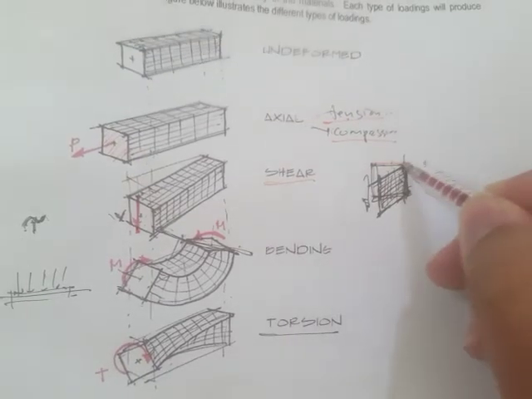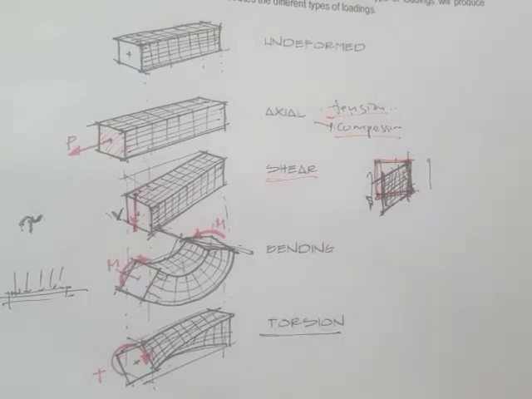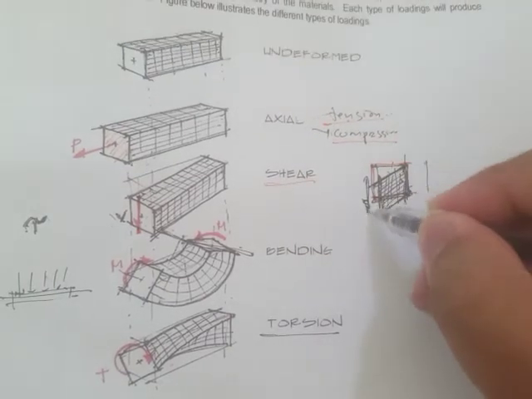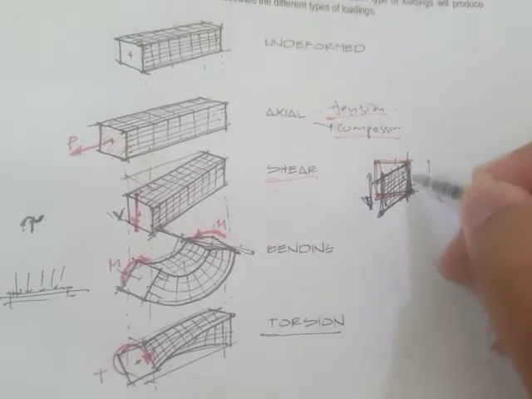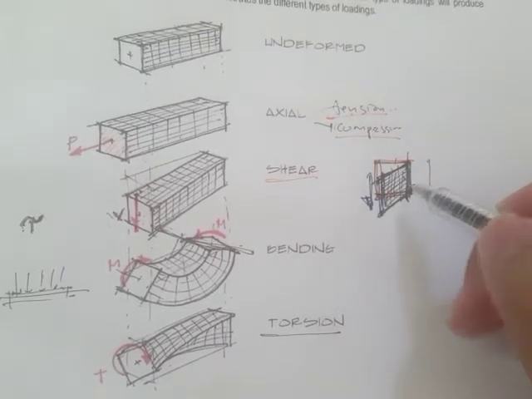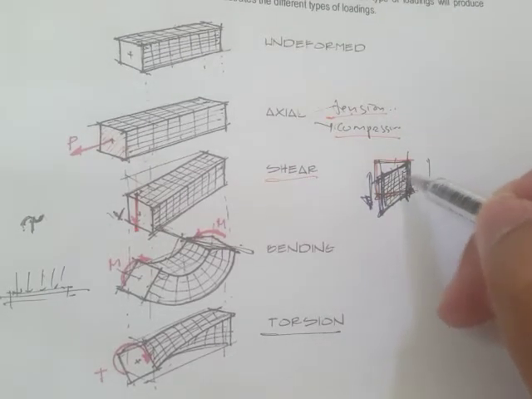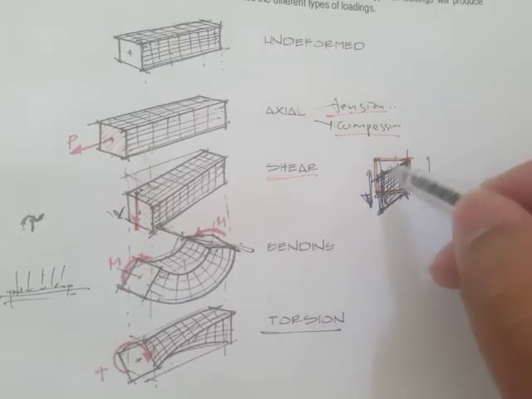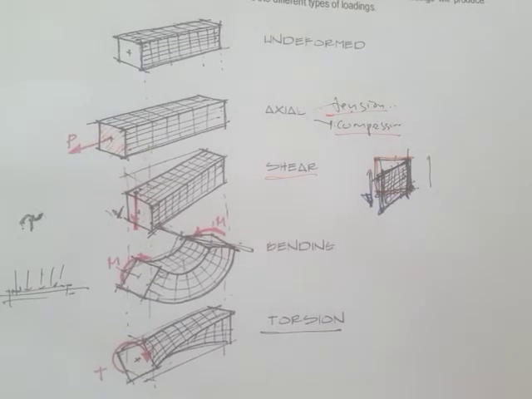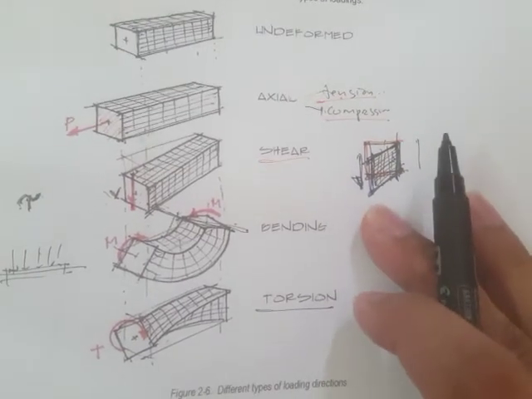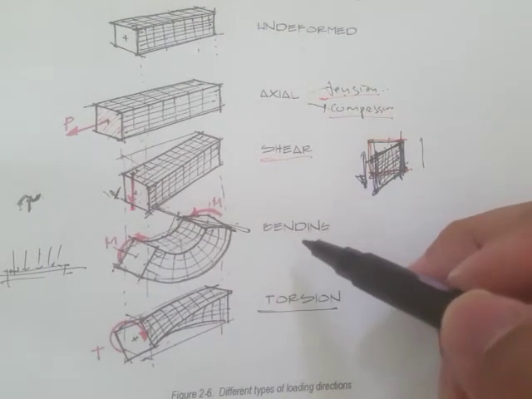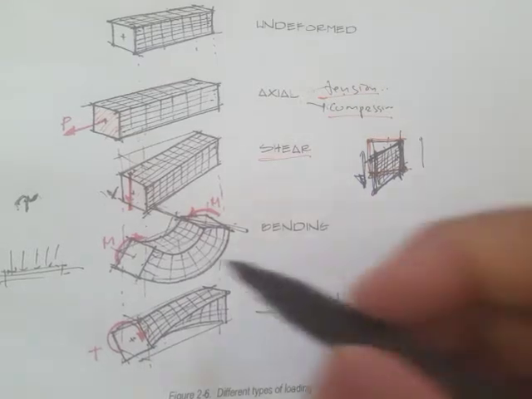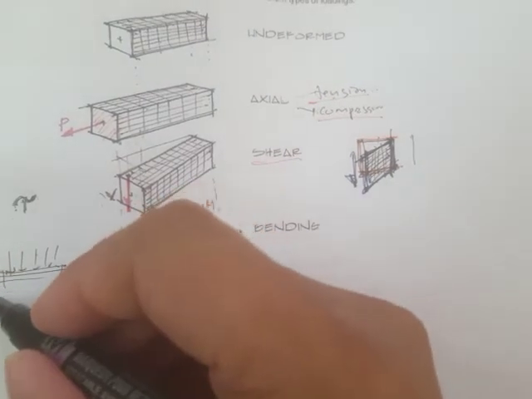Right here, this is the undeformed, and because of the presence of this force, this becomes the deformed geometry. So in terms of angular change, although you can relate angular change to length. Okay, so that's one type of loading, and another type is bending loading. Bending loadings are produced by concentrated moments.